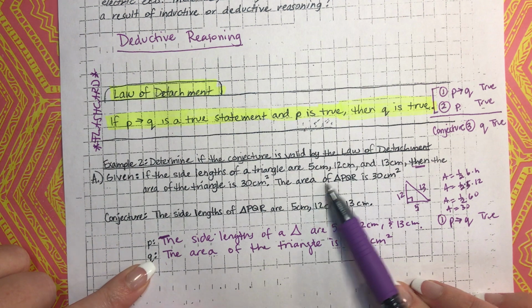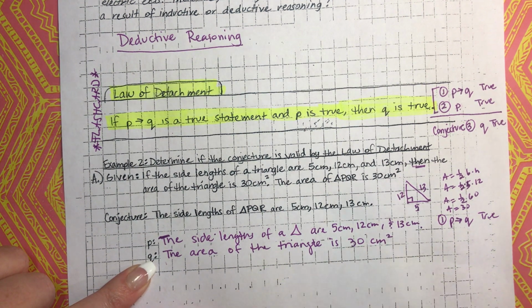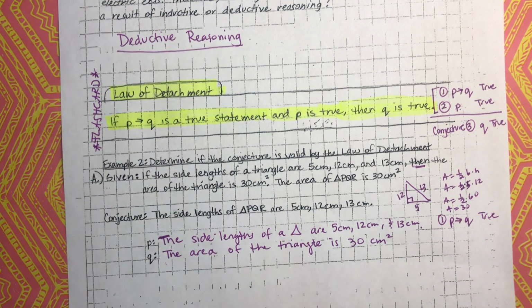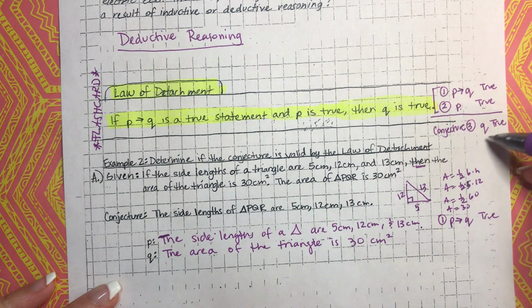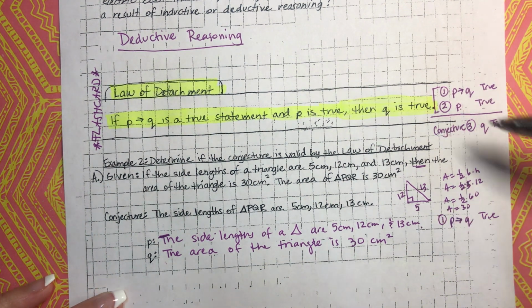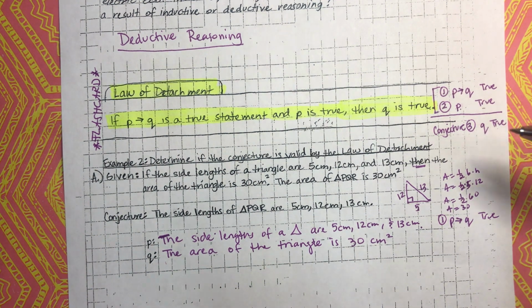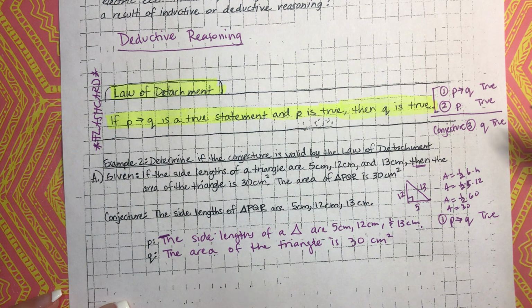Is it the P or the Q? And this is referring to the Q. So therefore, because it does not fit this pattern, we cannot say it's valid by the law of detachment, because for us to say it's valid by the law of detachment, it has to fit this pattern perfectly, okay?